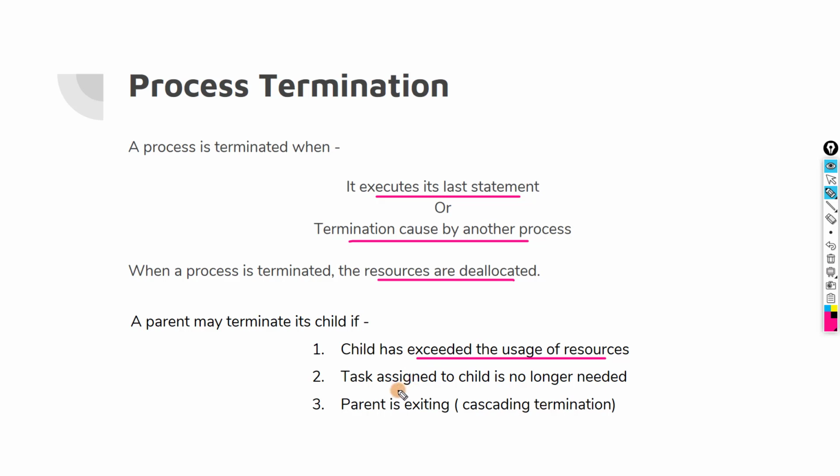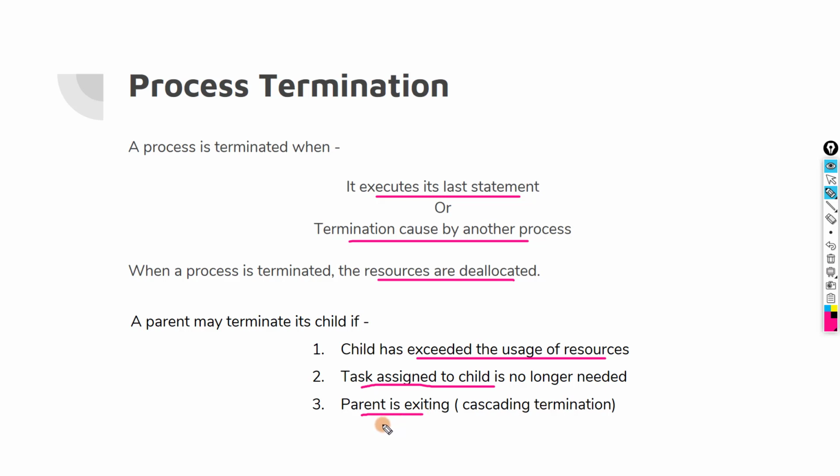Another scenario is that the task assigned to the child is no longer needed by the parent, so the parent may terminate the child. Or the parent is exiting, I mean, the parent is terminating. If the parent is terminating, the child should also terminate, because the child gets the resources from the parent, and when the parent terminates, it deallocates its resources.